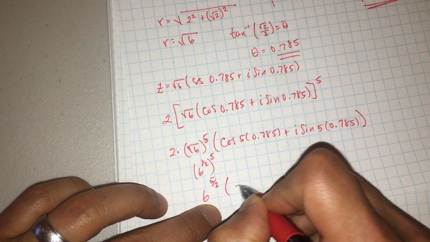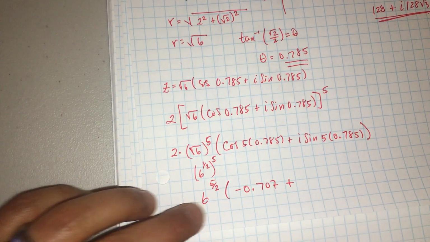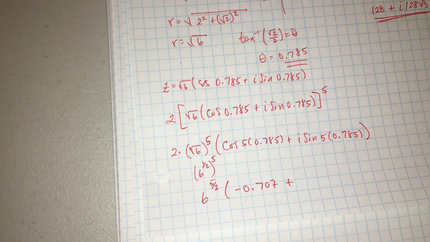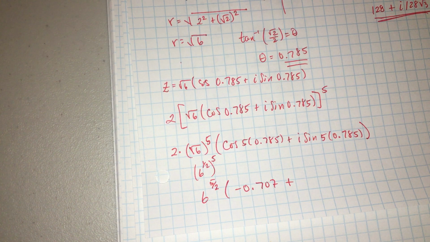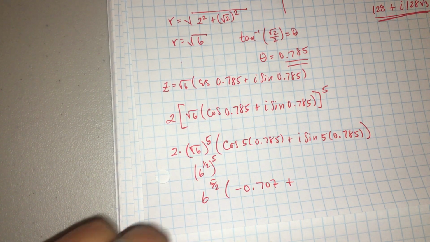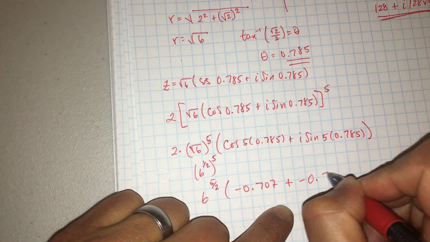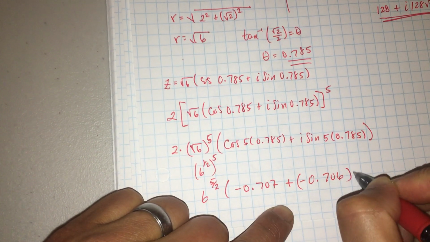And that's going to give me negative 0.707. Now I have to do the sine as well of 3.926 gives me approximately negative 0.706. Okay.